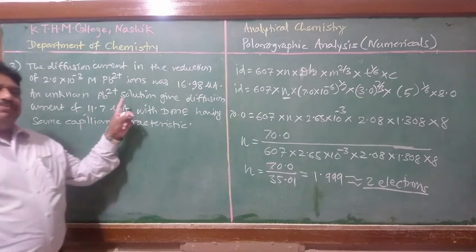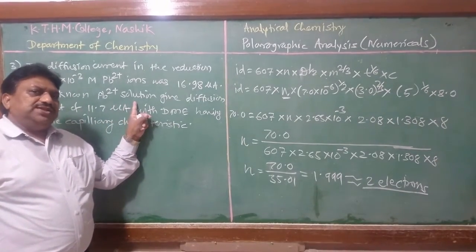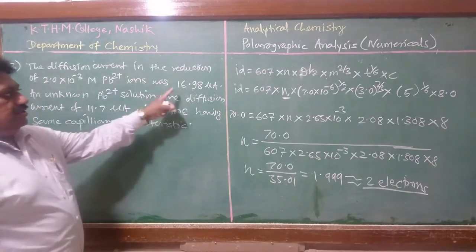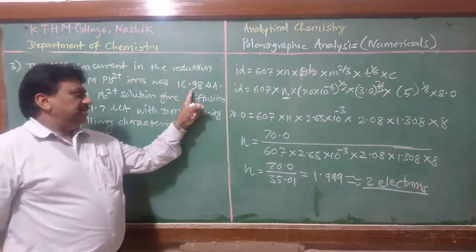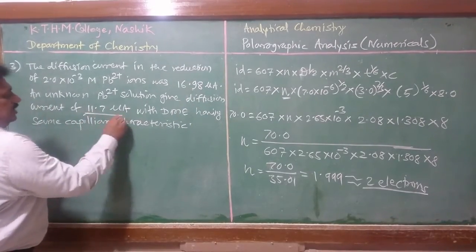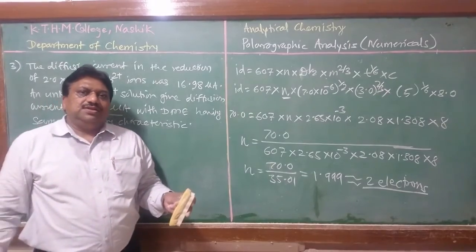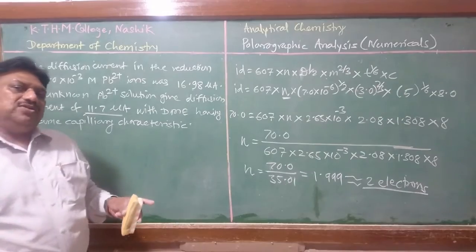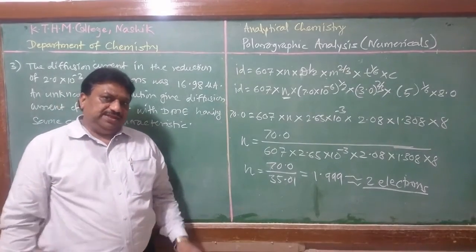Now this is a problem based on calculation of concentration of analyte. In this case, the standard gives this much diffusion current, the sample gives this diffusion current, and we have to find out the concentration of lead in the sample. Student, polarographic analysis is a comparative method.